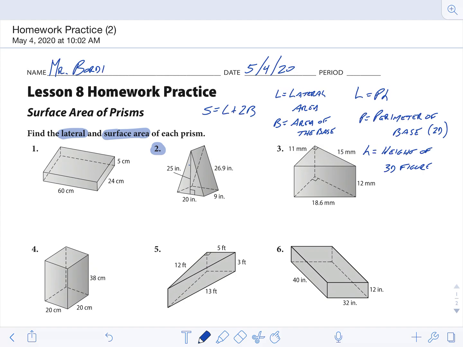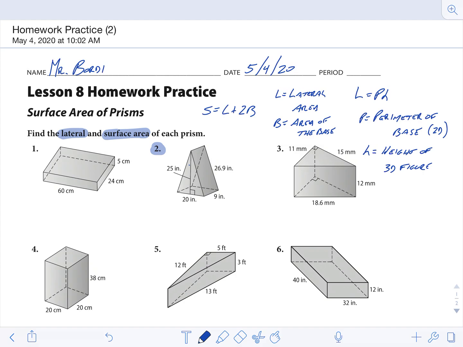Those would be the two bases. The lateral area, the L, would be the walls. In a rectangular room, you would have 4 walls. Those would be the lateral faces, the lateral sides.